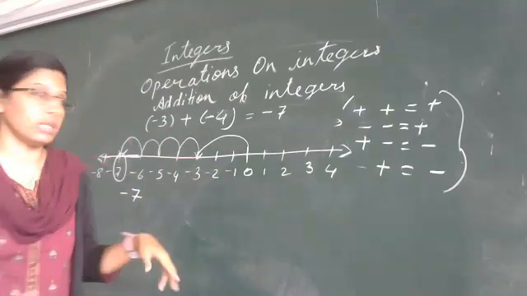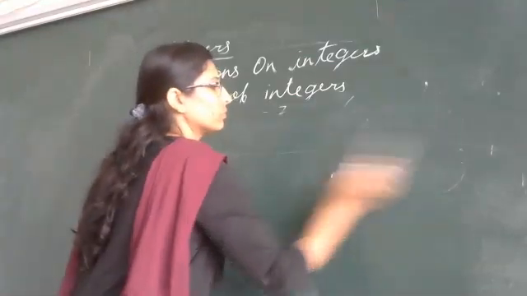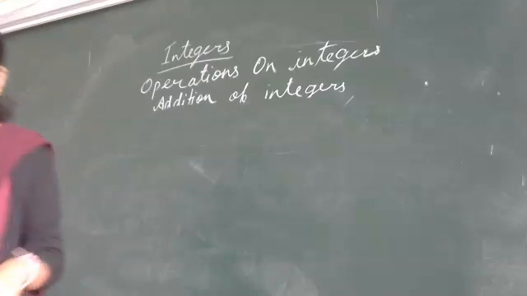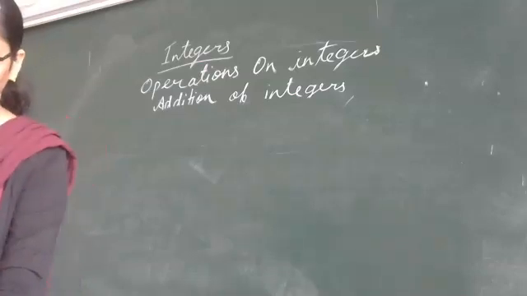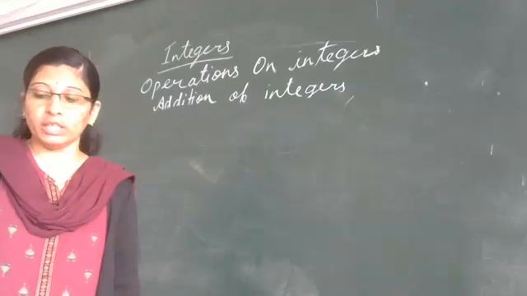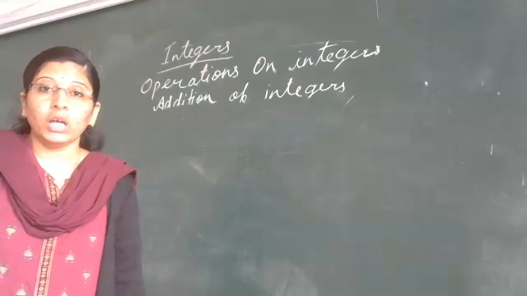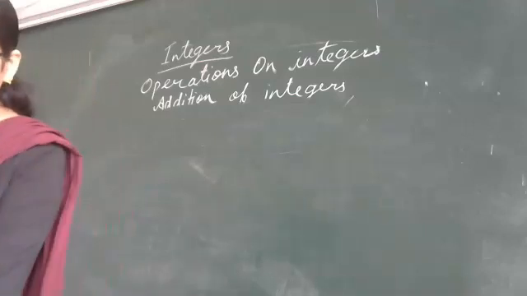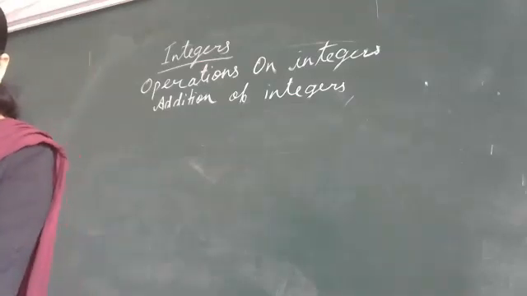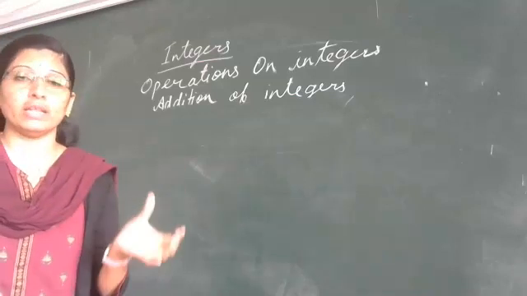Now we will see opposite sign. When the sum of two integers has opposite signs, then the absolute value with the sign of the integer of greater absolute value is their difference.